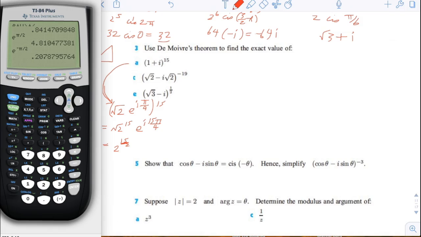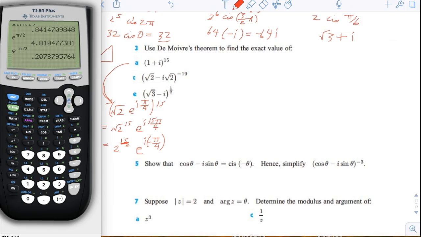Times e to the i 15 fourths pi. Let's reduce that. So let's subtract 2 pi's until it just becomes a small angle. So we could subtract 8 fourths pi once and we get 7 fourths pi, and then we're pretty much already there. We subtract 8 fourths pi one more time and we'll get negative pi over 4.